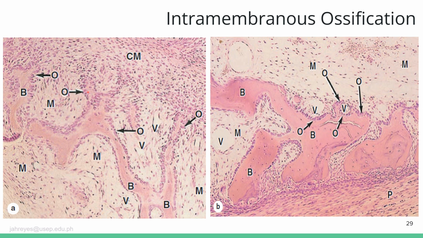So here, that is the start of the osteoprogenitor cells lining the ossification center.